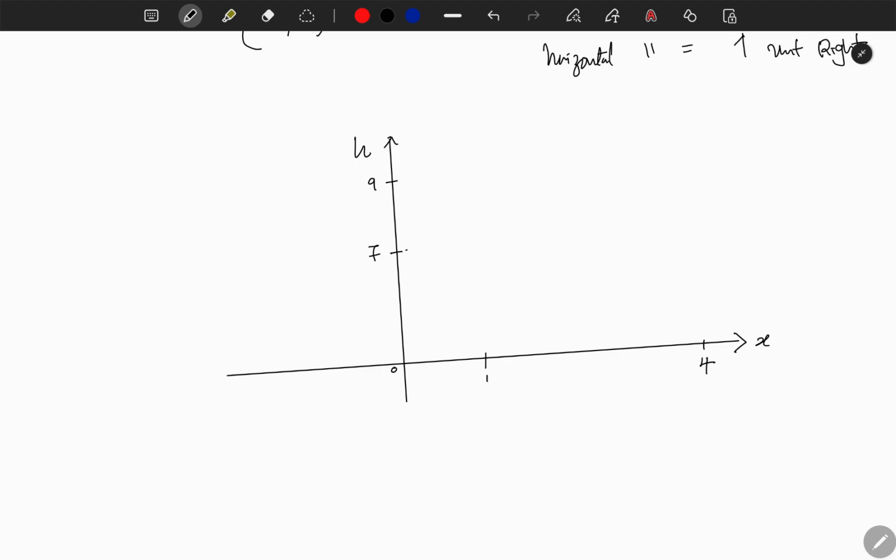I think that's better. Then we can put our 9 there and maybe our 7 there. So we have this point here, (1, 7), and we can just put it there.